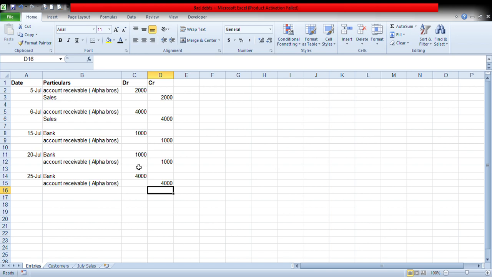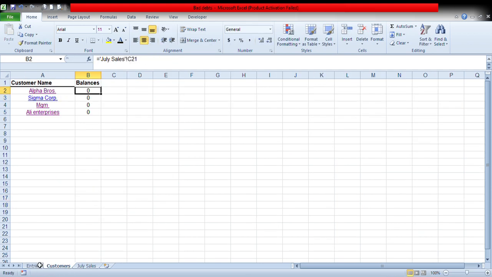Understand? That's how it works. Again, for the next customer, for example, on 26th of July, sales are made to the second customer. Who is the second customer? For example, you copy this, and this time it is Sigma Corporation.